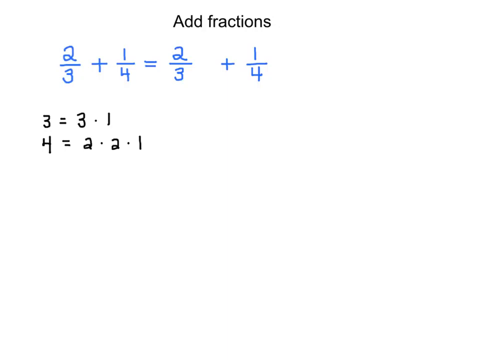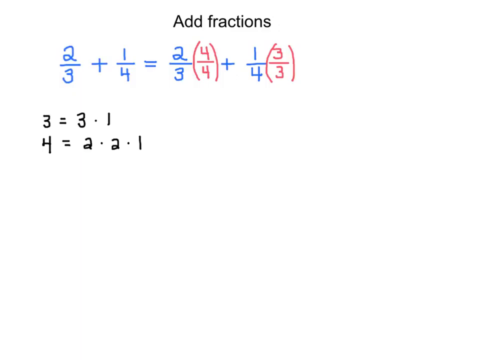So what I'm going to need to do is multiply the top and the bottom of each fraction by the same thing. And that is, I'm going to have to multiply the first fraction by 4/4 and the second fraction by 3/3, so that they both have the same denominator, which is 4 times 3.